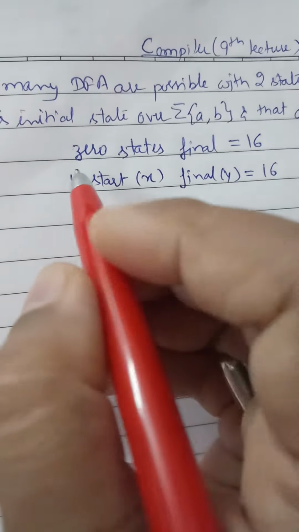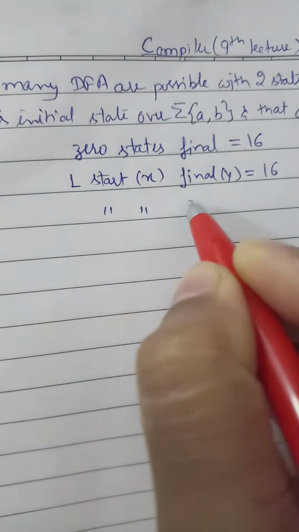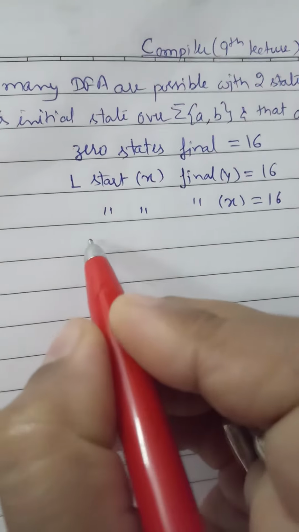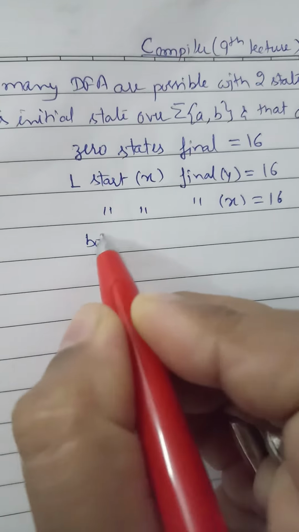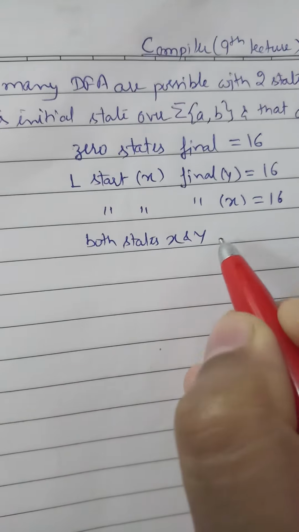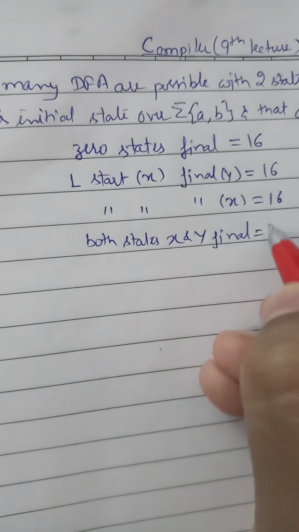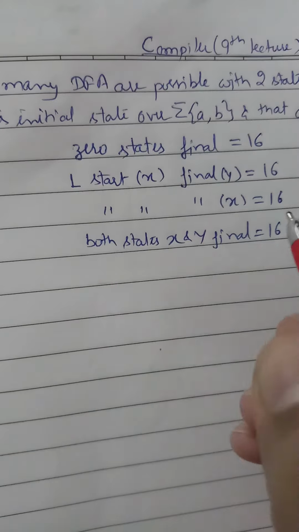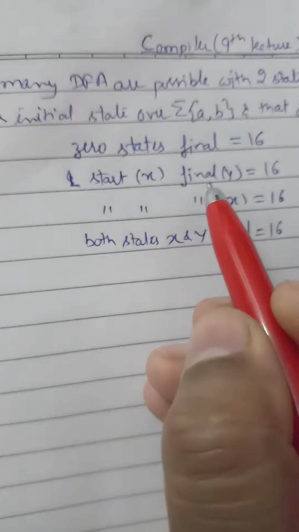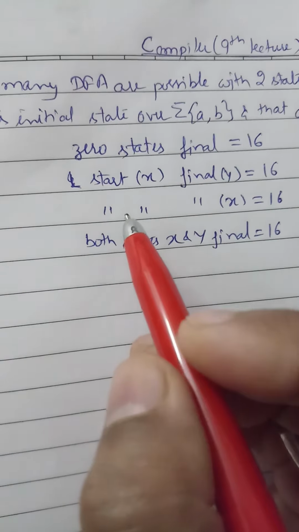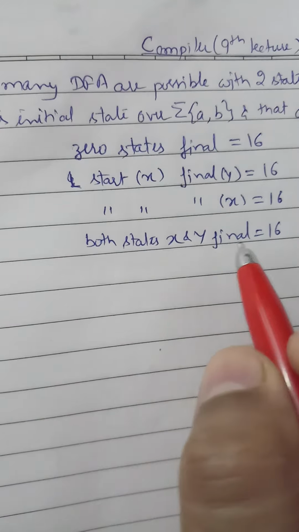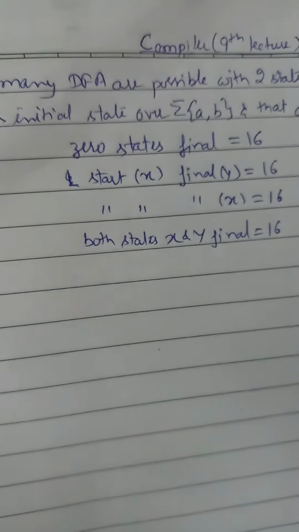When start is x and final is also x, then 16 possibilities, and when both states x and y are final, there can be 16 possibilities.